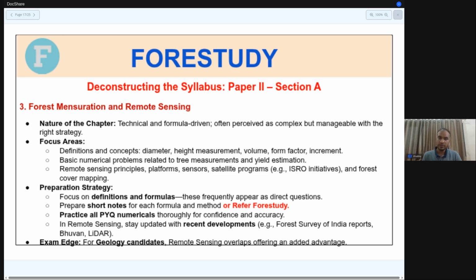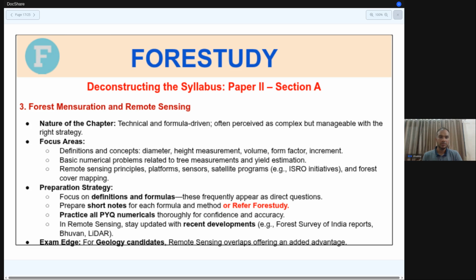If you are not aware of it, you can try to do it using common sense, but at times it might be very difficult. So at least prepare the ones that have already been asked in examinations. Forestudy has provided short notes, and if you want to go through them, you can contact them.